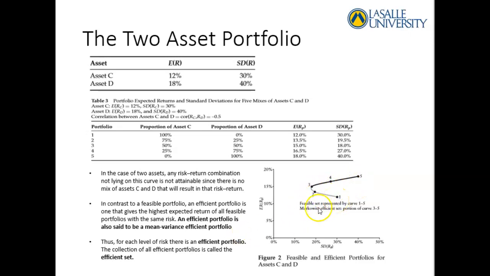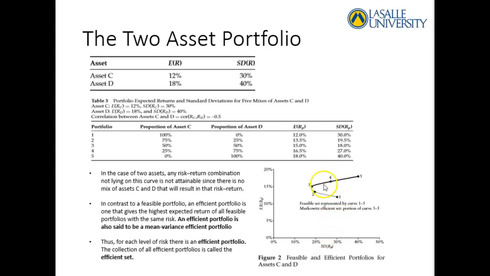Now, if we talk about a feasible set versus an efficient portfolio, look at portfolio 4. It has a higher return as compared to portfolio 1, but it has that higher return at a lower risk level as compared to portfolio 1.